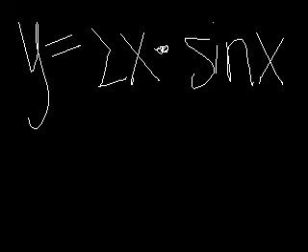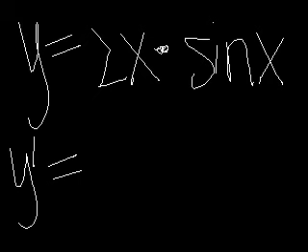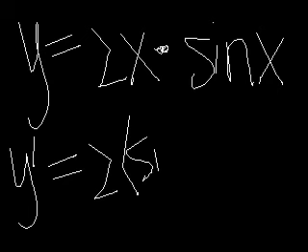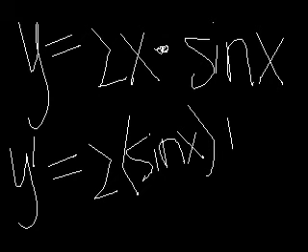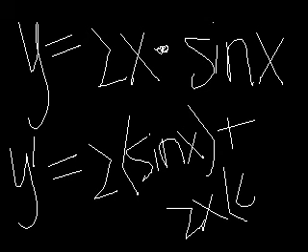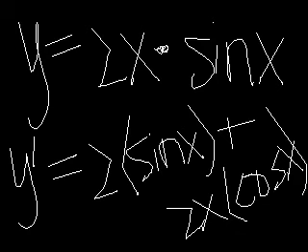Okay, so y prime would be 2, because that's the derivative of the first part, times sine x, plus 2x times cosine x, because that's the derivative of the second part.